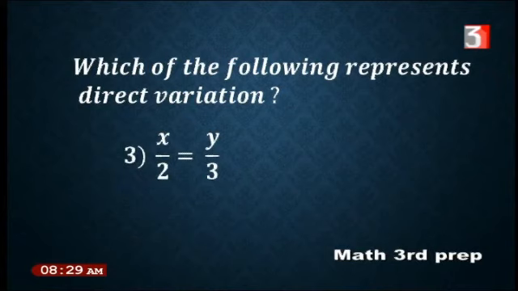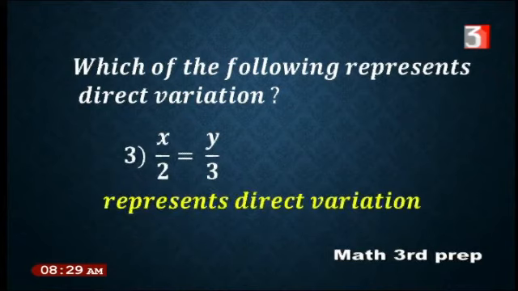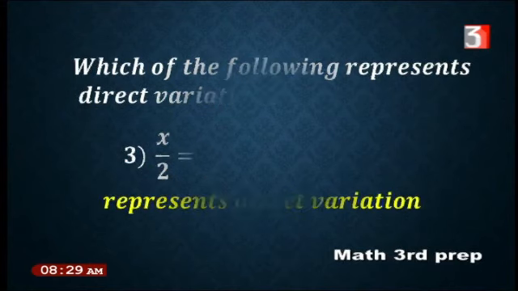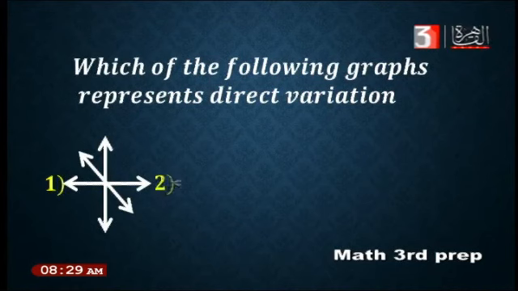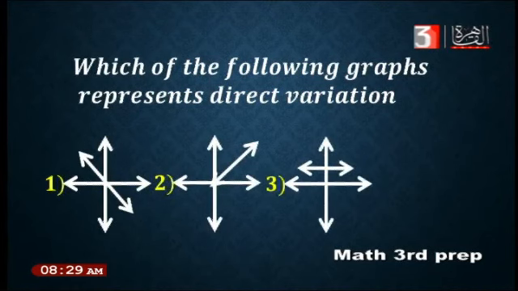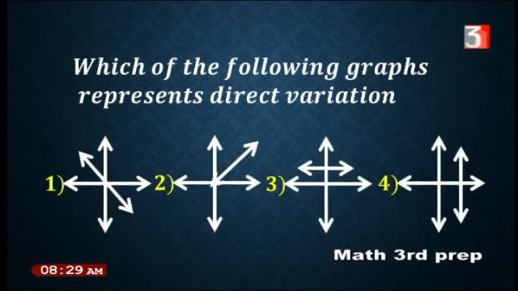Another example. Which of the following represents direct variation? The first graph, the second, the third, or the fourth. You have 4 graphs. Which of them represents direct variation? Of course, we have said before that direct variation is represented graphically by a straight line passing through the origin. So, choices 3 and 4 are dismissed.